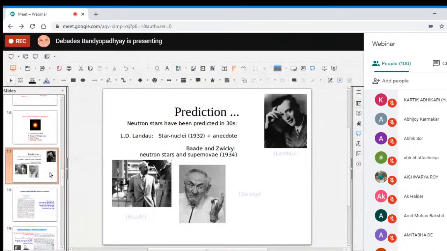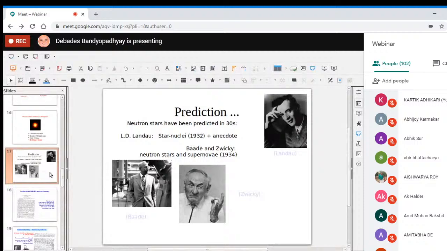So one of them is Lev Landau. He wrote a paper in 1931, before the discovery of the neutron. As you know, the neutron was first discovered in 1932 by James Chadwick, and Landau's paper was published 2 days after the publication of the discovery paper of the neutron by Chadwick in Nature.